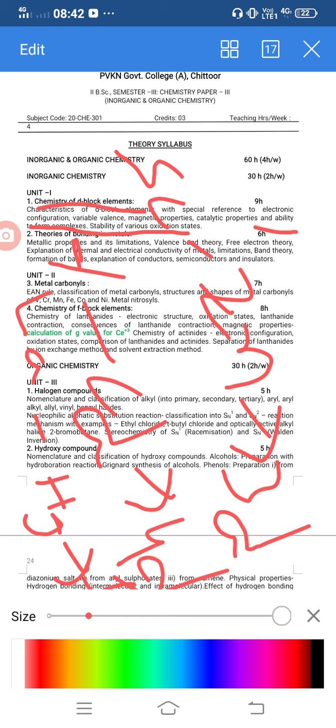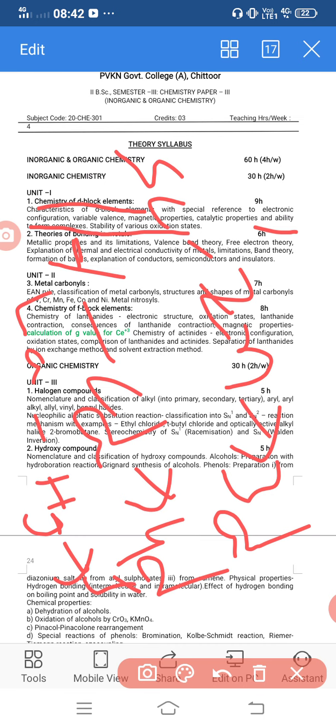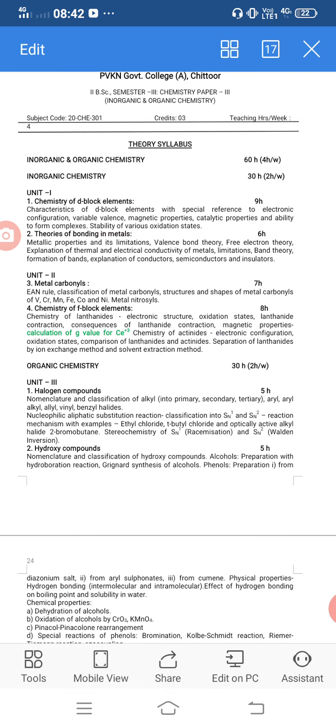So here D block elements are also called transition elements. What is a transition element? Transition elements contain unpaired electrons.